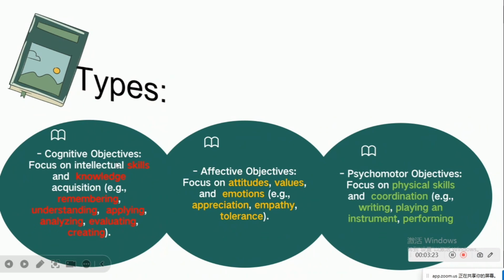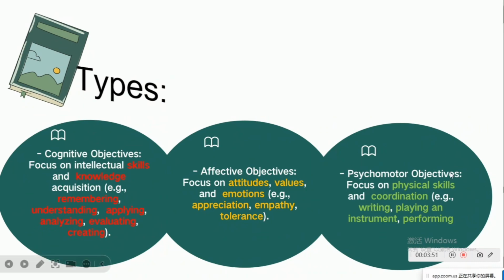Cognitive objectives refer to intellectual skills and knowledge acquisition, such as memory, understanding, application, etc. Affective objectives are attitudes, values, emotions, such as appreciation and empathy.